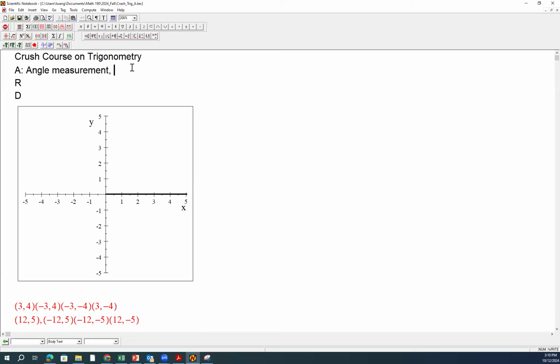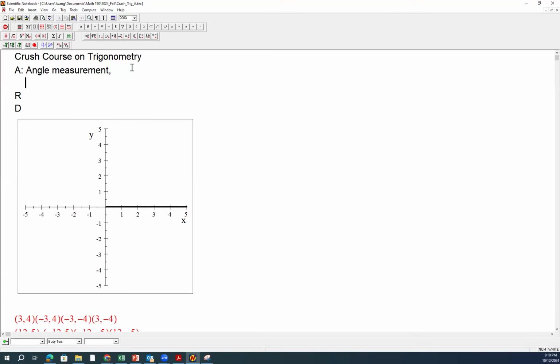We have positive angle and negative angle. Every angle is measured from the same position, which is the dark black line I have drawn in this picture. That's the starting position to measure any angle that is going to be used as the input for any one of the trig functions.